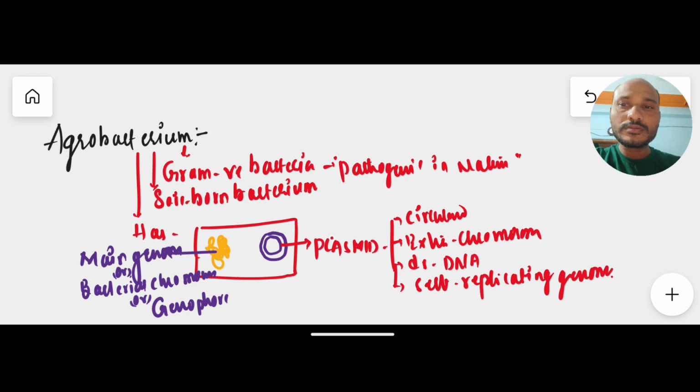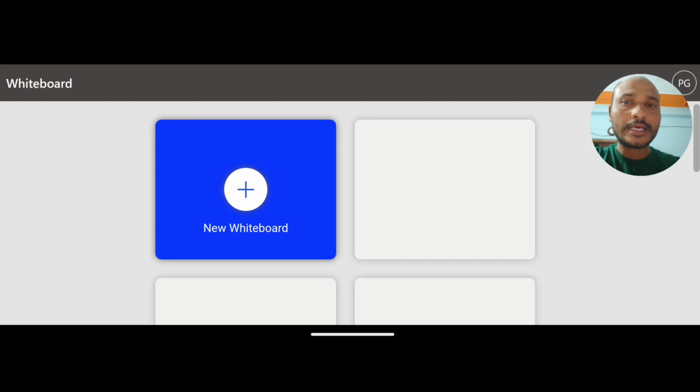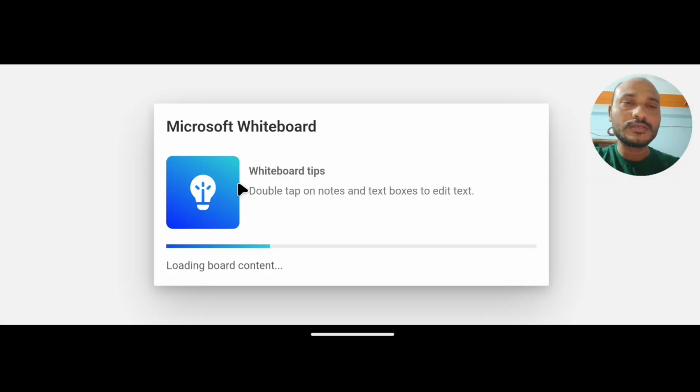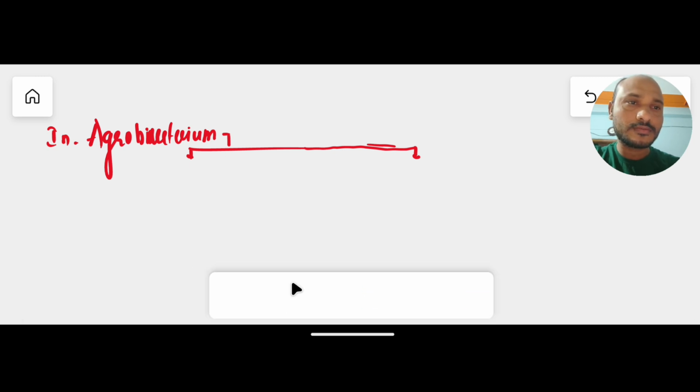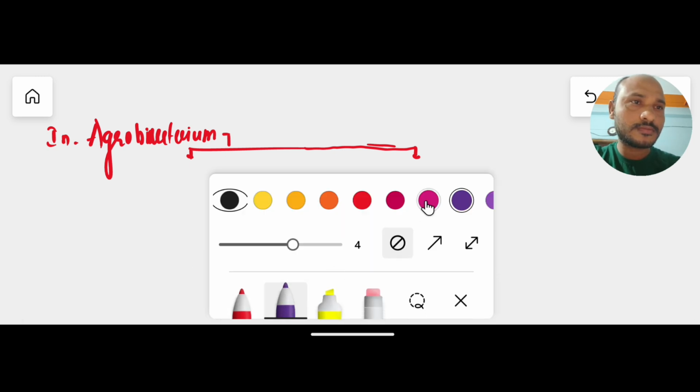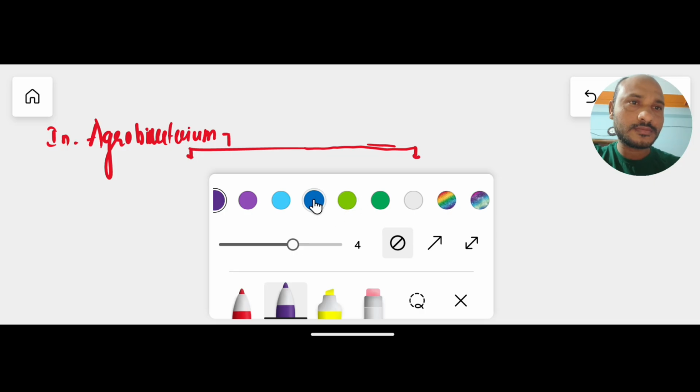Here we will go through the two different types of species in the Agrobacterium genus.